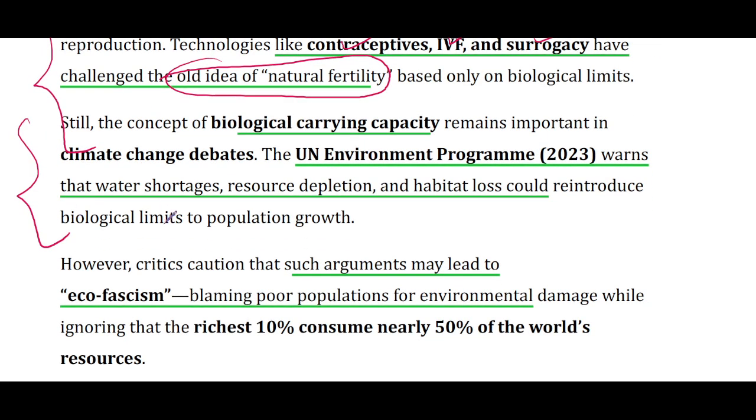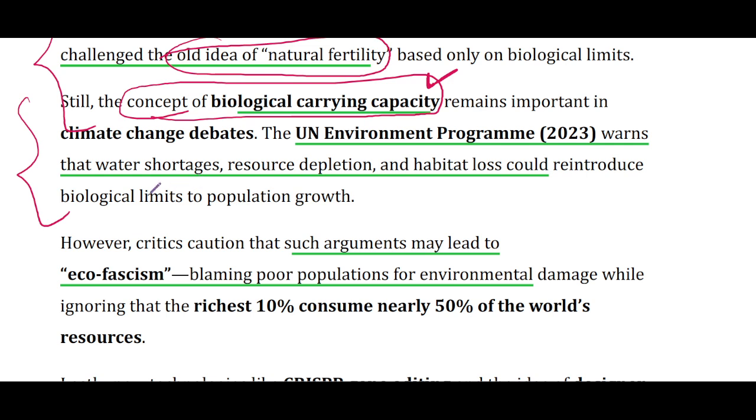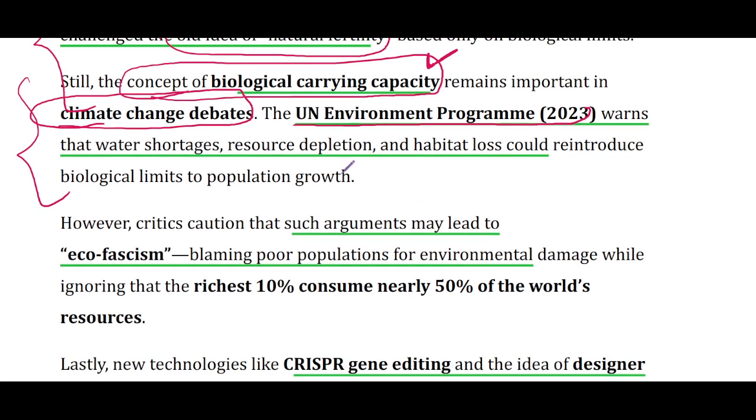Then the concept of biological carrying capacity, which is one of the principles of this theory, has come to the forefront recently because of the climate deluge. The recent UNEP report of 2023 warned of water shortages, resource depletion, and habitat loss.